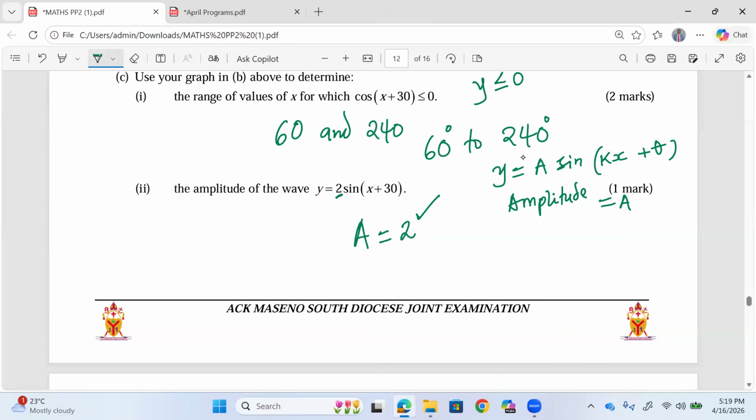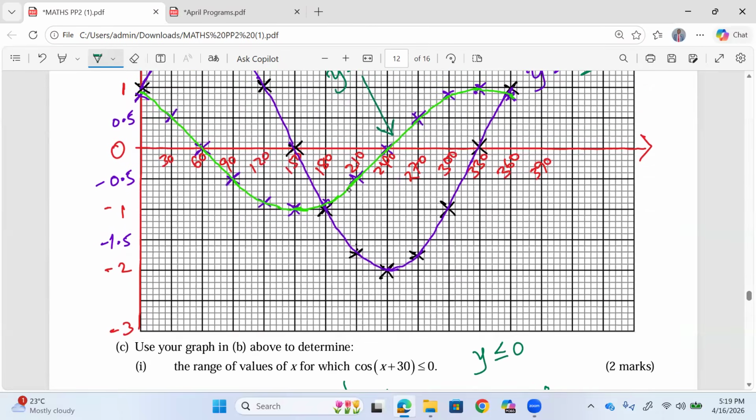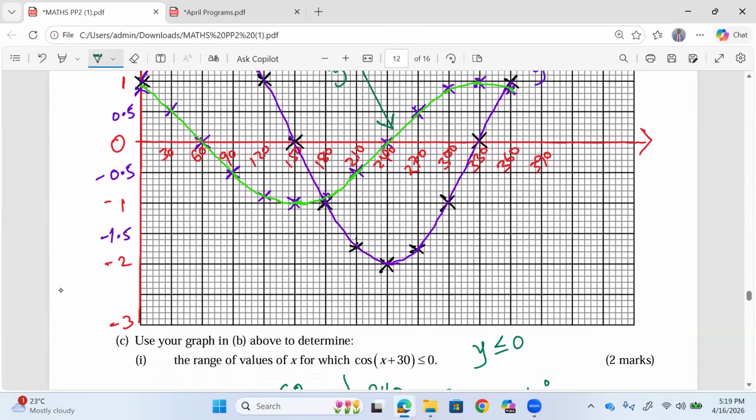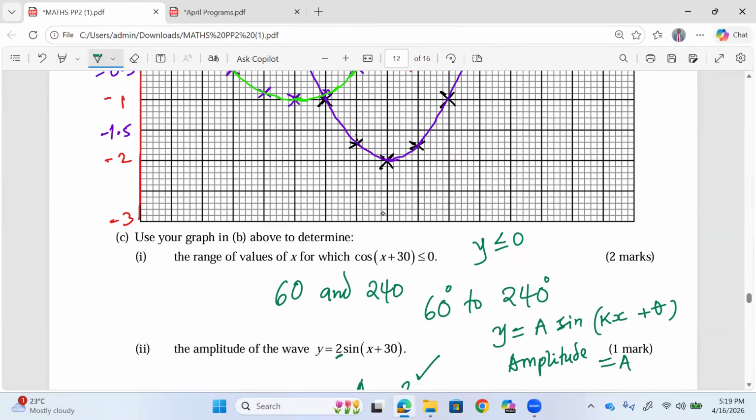For amplitude, you just pick the value there, so you can even pick the value of 2 without having to check where the curve is rising up to or dropping down to.